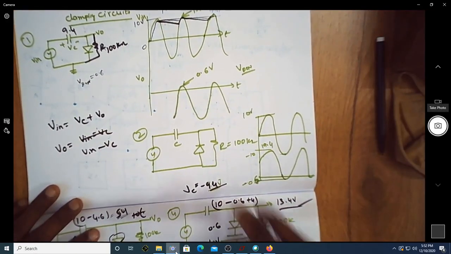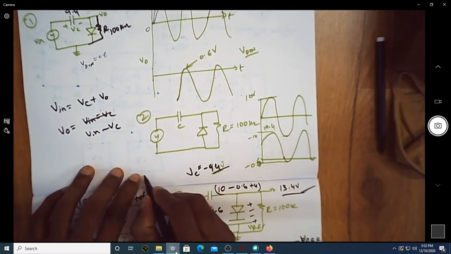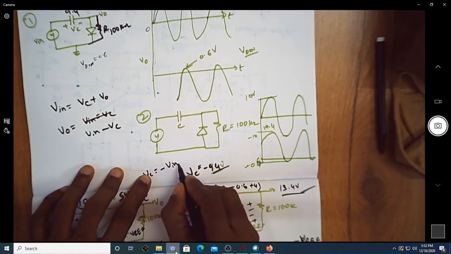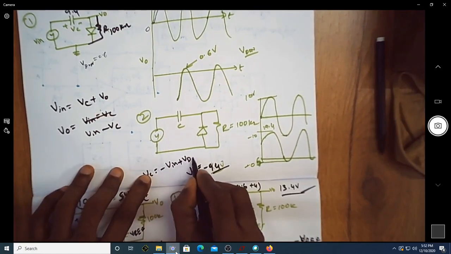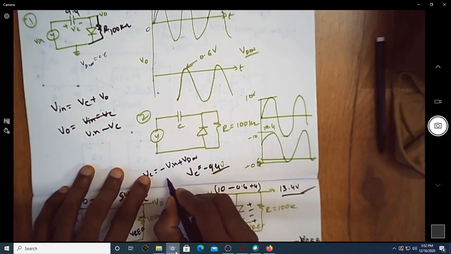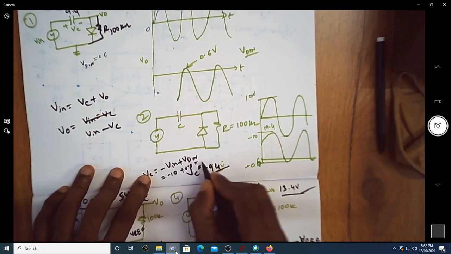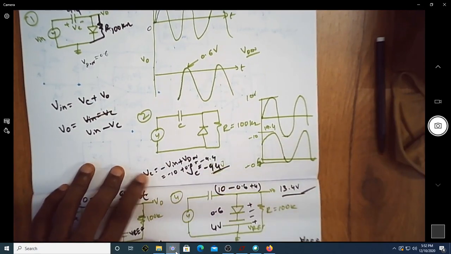How did we get minus 9.4? VC was equal to minus of V in plus VD on. So this was minus 10 plus 0.6, which was minus 9.4.